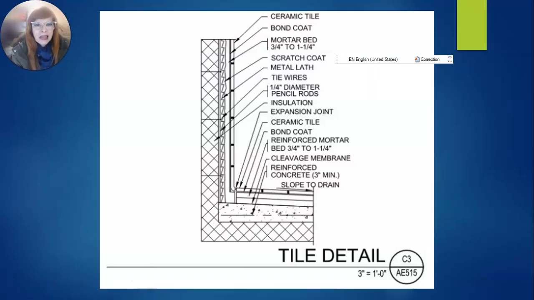This is the tile detail. The name is C3AE515. I will explain all the terms that are here: all these materials that they use in the installation of tile over the wall, and all the materials that the worker uses in the installation over the floor.